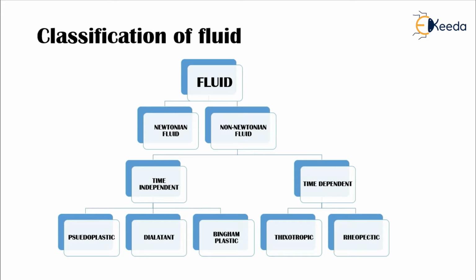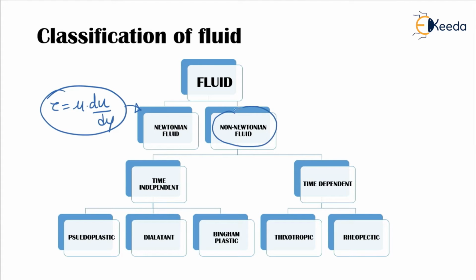Now we will see, when it comes to the Newtonian fluid, we have already seen that tau is equal to mu du over dy. So we need not worry about this, but our area of interest as of now is the non-Newtonian fluid.